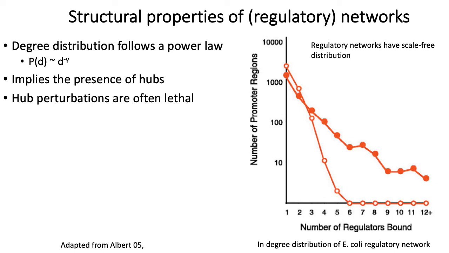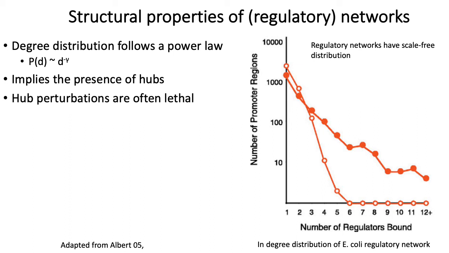And so the interesting thing about hubs in a network is that there's generally been observed a strong correlation between how hubby, or how high of a degree a node has in a graph, and how essential those genes are to the cell. And that kind of makes sense, right? Because if a gene is interacting with many other genes, then it's probably doing something important.